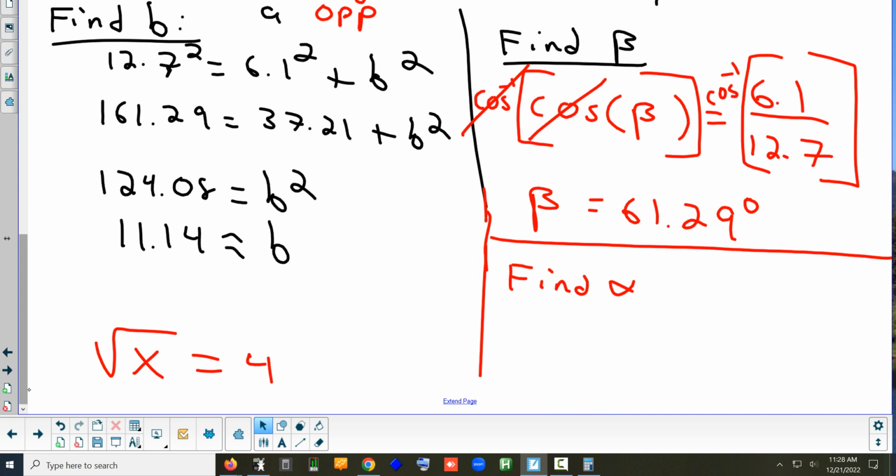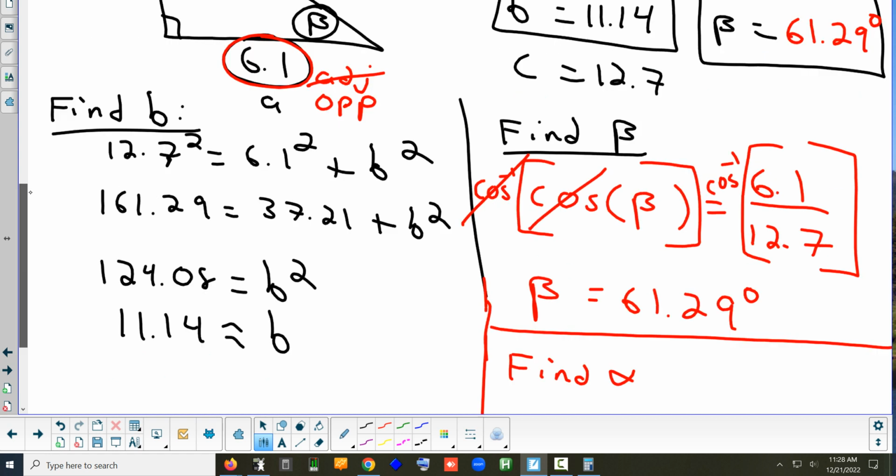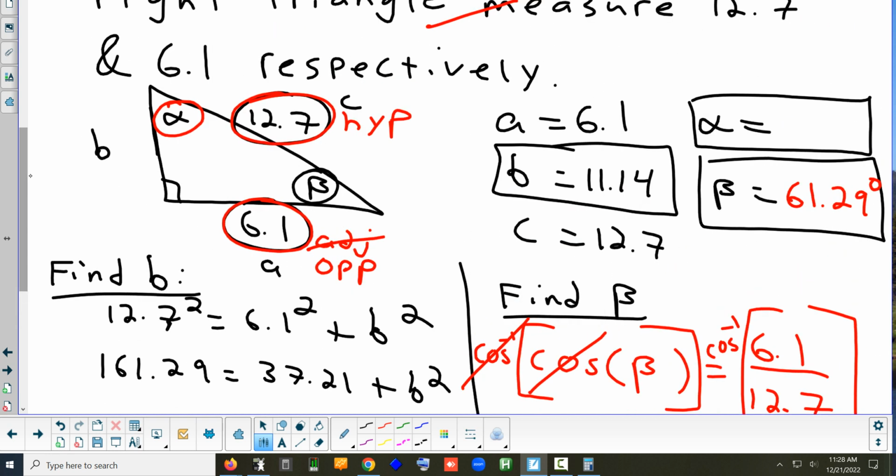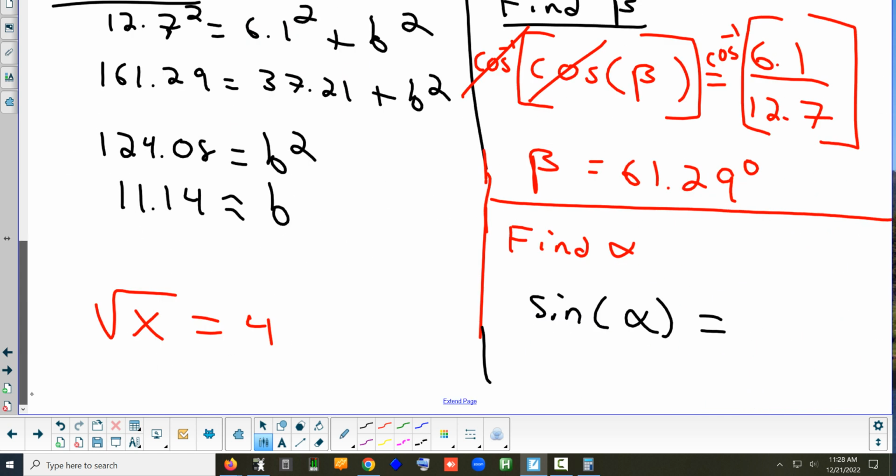Sine. So it's going to be the sine of alpha equals, and what's going to be my fraction on the other side? Yep, 6.1 over 12.7.